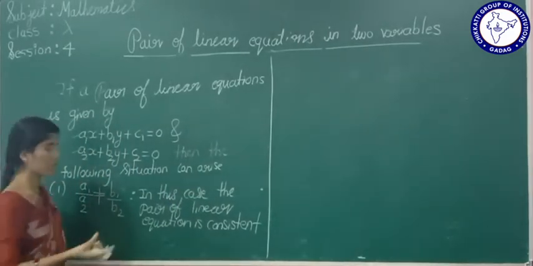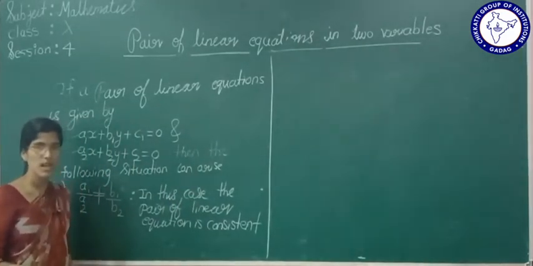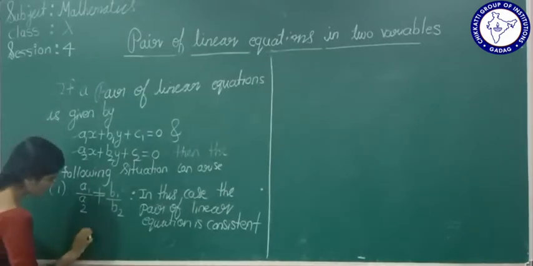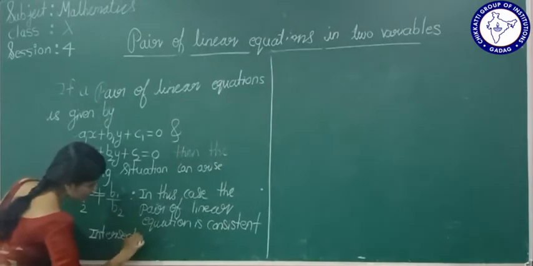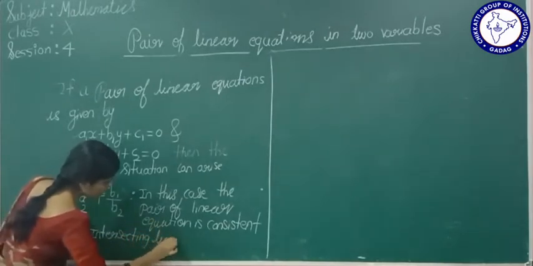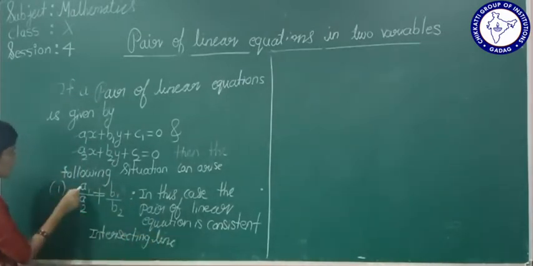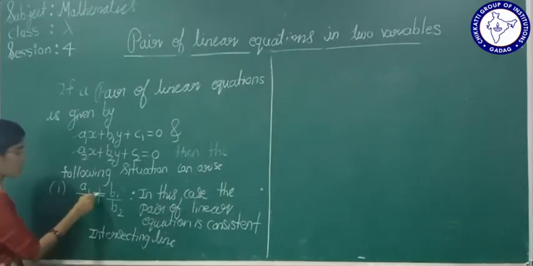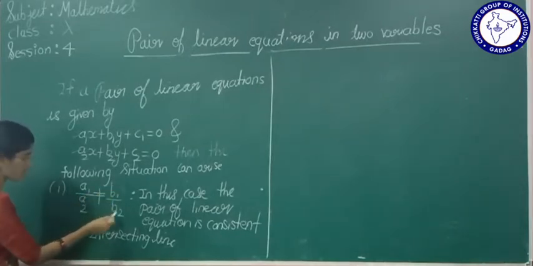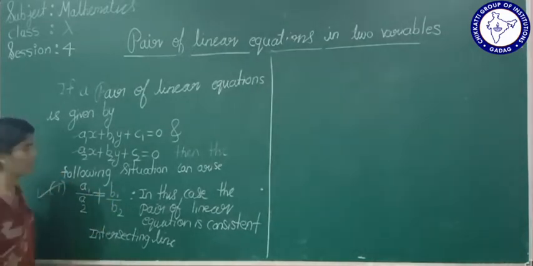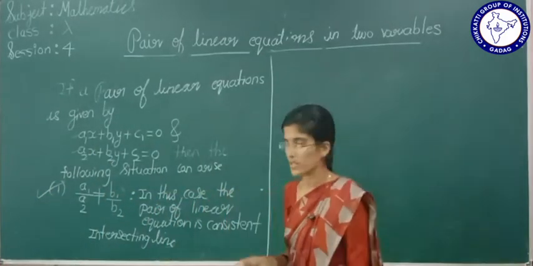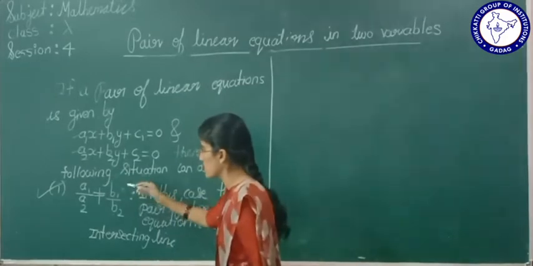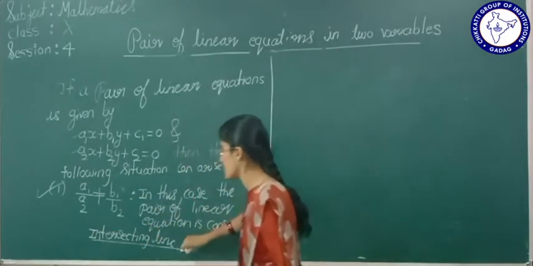So when the pair of linear equations is consistent, I told you that the lines are intersecting. If a1 divided by a2 is not equal to b1 divided by b2, it means the pair of linear equations is consistent, which means the lines are intersecting lines.